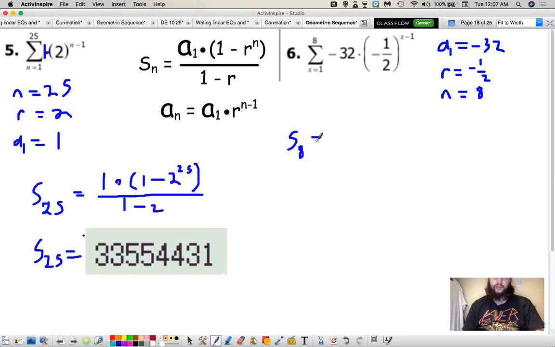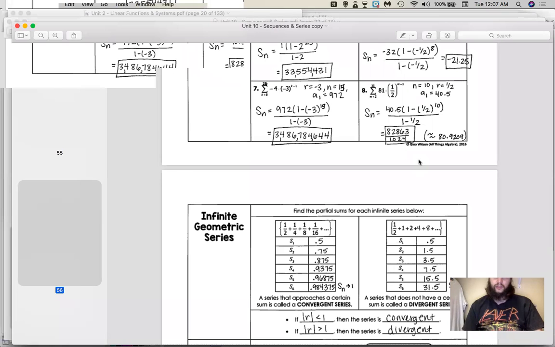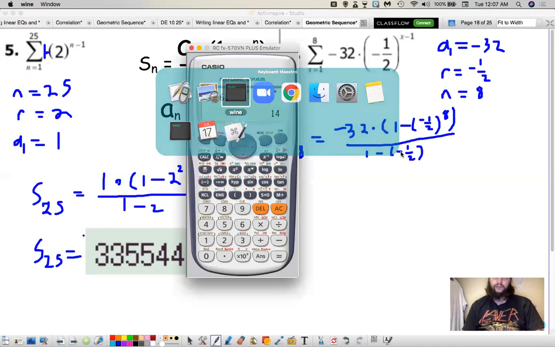S8 equal to where we start at, negative 32 times 1 minus negative half to the 8, over 1 minus negative half. Let's see what the calculator says.